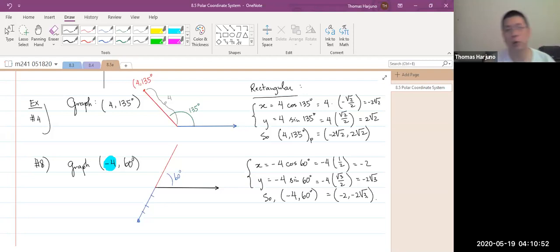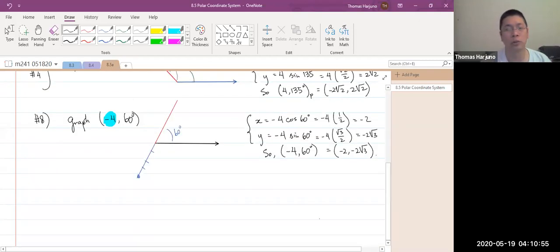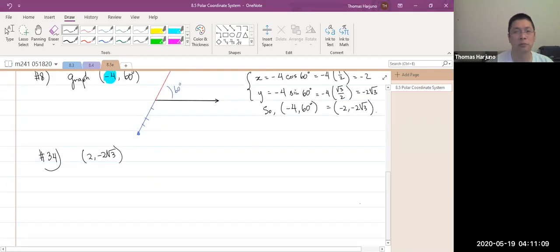Now, what happens if we go backward instead? Suppose I do number 34. I have this coordinate, 2, negative 2 radical 3. Again, you can mimic this as if you are dealing with the complex number 2 minus 2 radical 3 i. You can think of it that way. So if that's the situation, what is my r?